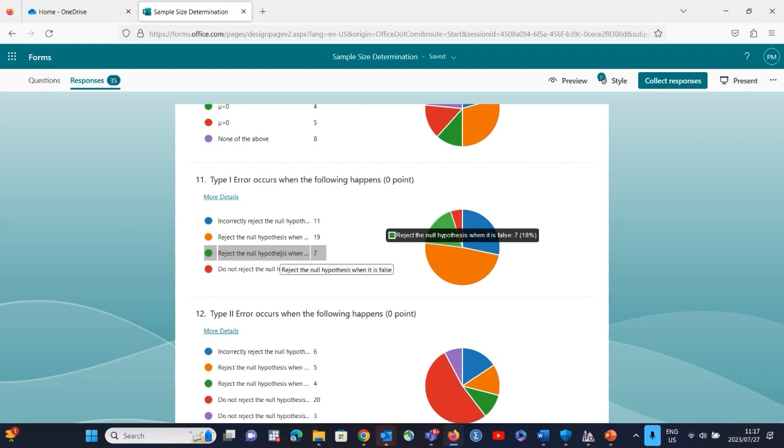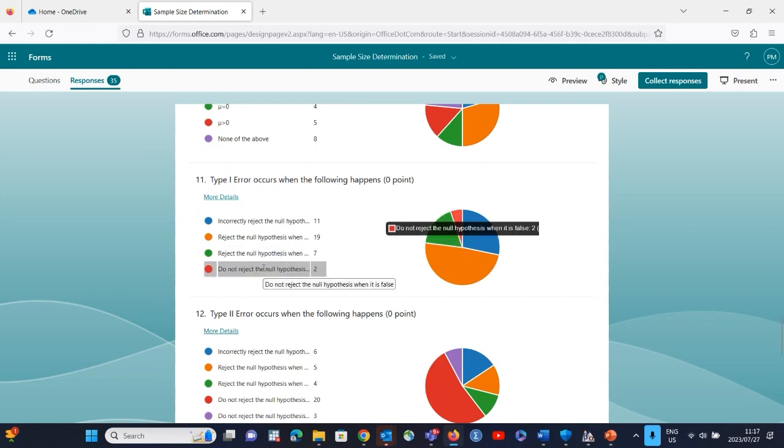It's not an error. If the null hypothesis says the methods are the same and they are not the same, we want to reject it. So the first one is incorrectly; if you selected that one, it's correct.